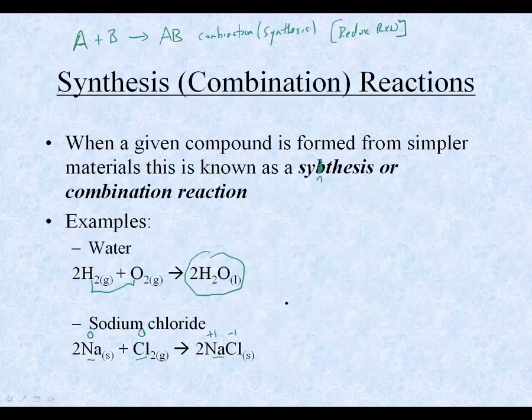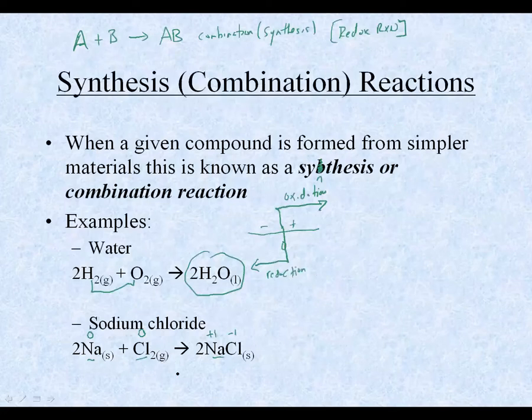If you take your number line here, we see our sodium is going from 0 to +1, which is in this direction, which means it's going through oxidation. And our chlorine is going from 0 to -1, which is in that direction, which means it's going through reduction.